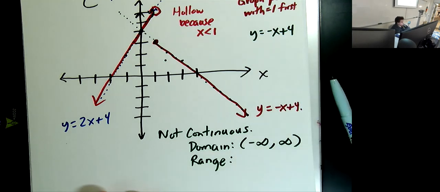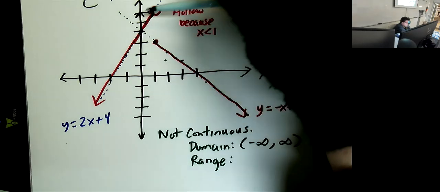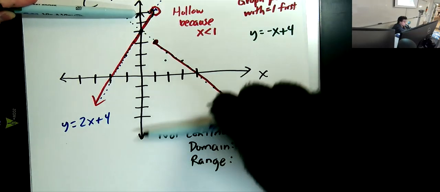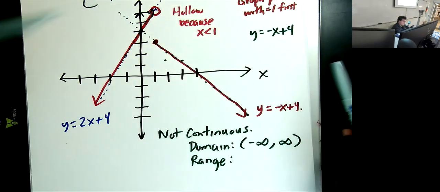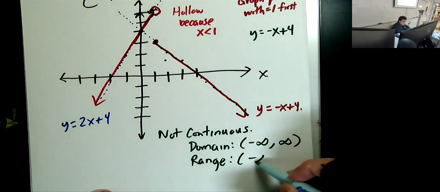What about the range? That's a little tricky. It's going up to here, stopping right here, right? I can start at negative infinity and go up to there. Negative infinity up to what?